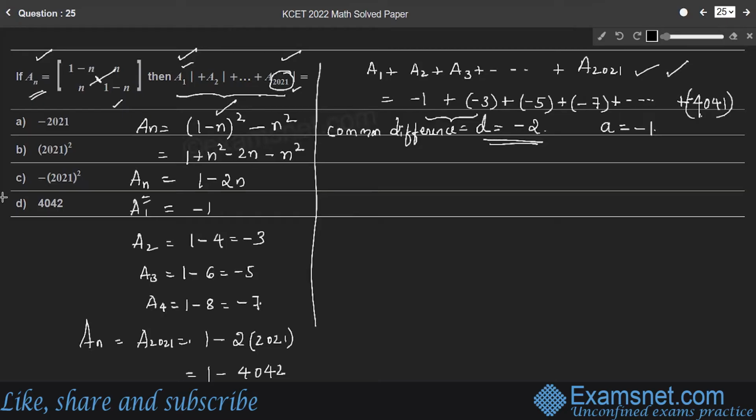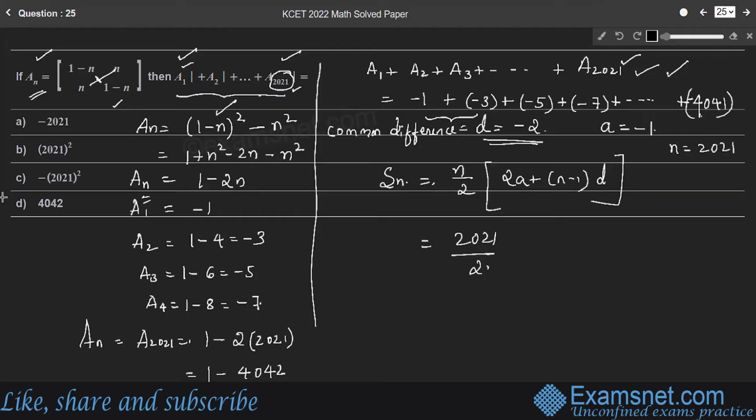Therefore, we go for the formula Sn is equal to n by 2 into 2a plus n minus 1 into d, the sum of n terms in an arithmetic progression. Here, the number of terms n is 2021, right? So we write 2021 by 2 into 2 times a, which is minus 1, plus 2021 minus 1 into d, the common difference, which is minus 2.